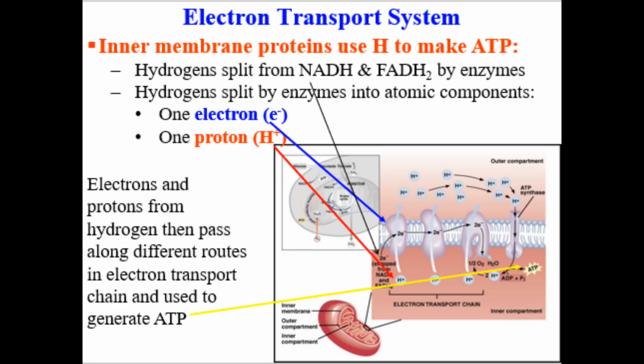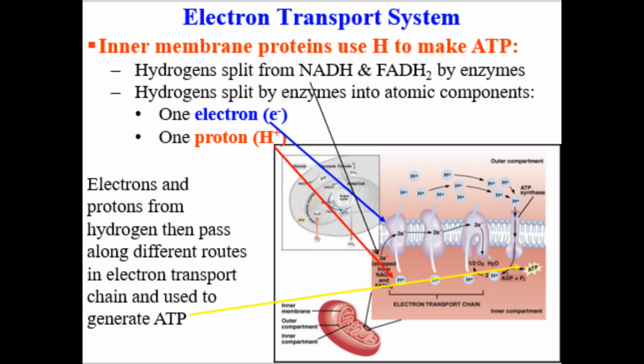And now, these hydrogens, you probably all know hydrogen has an atomic number of 1. What that means is that it's got one electron and one proton, hydrogen molecules. And amazingly, the cells with mitochondria have the ability to split a hydrogen molecule into its atomic components, into an electron and a proton.